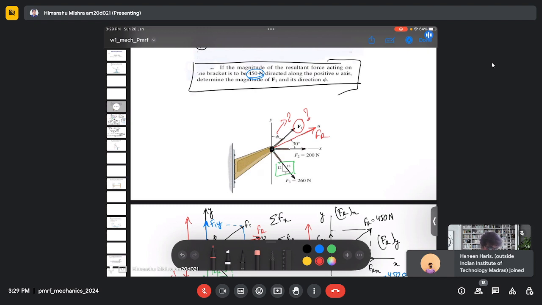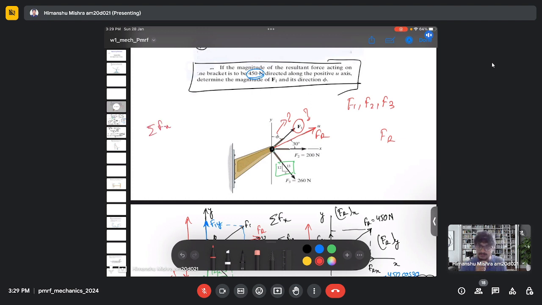And to do this, we first figure out the components of all the forces. We figure out the components of F1, F2, and F3, and also the resultant force. And then we take a summation of its components, which we equate to the resultant force component. And then we solve these two equations together to find the two unknowns, which were F1 and phi.